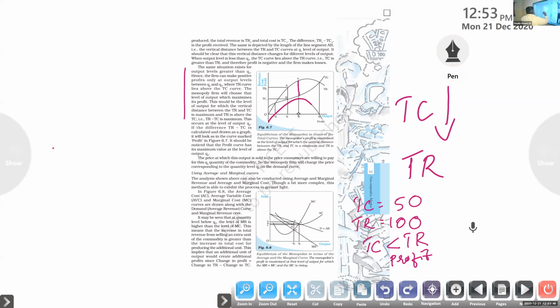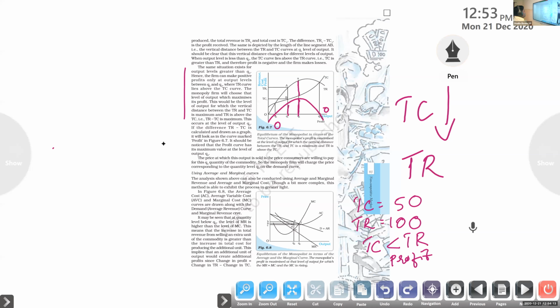So we can say that Q0 is the quantity where the firm can make the maximum profit. It should be noticed that the profit curve has its maximum value at the level of output Q0. The price at which this output is sold is the price consumers are willing to pay for this Q0 quantity of the commodity.